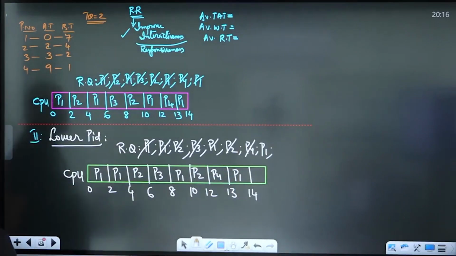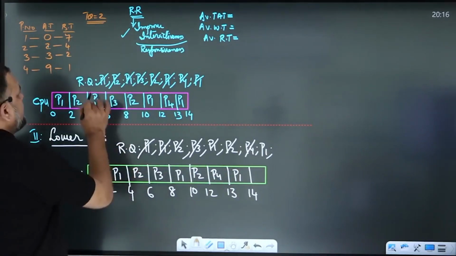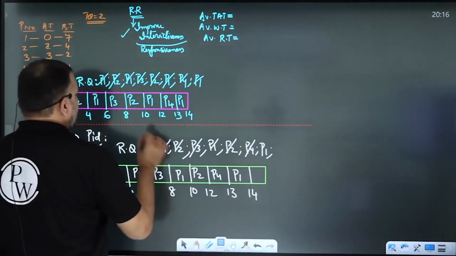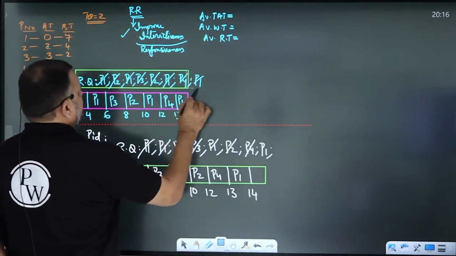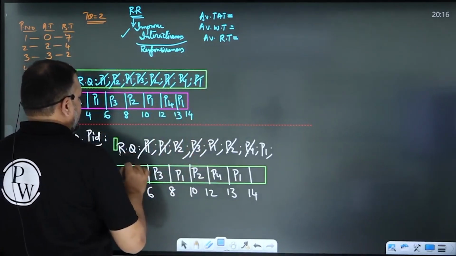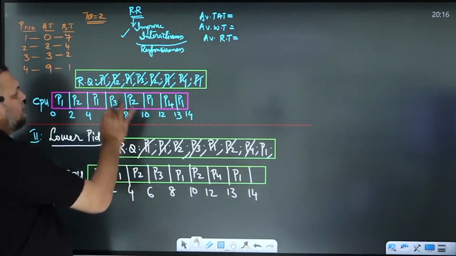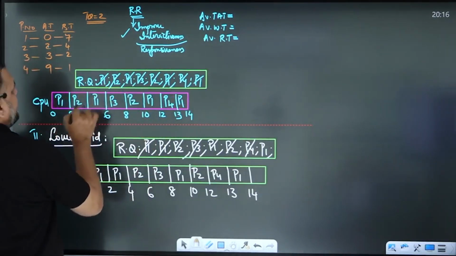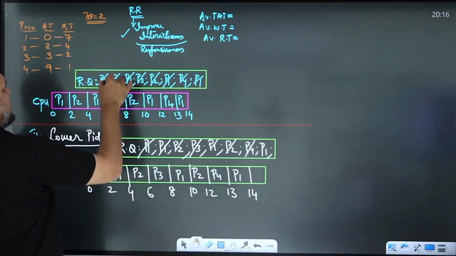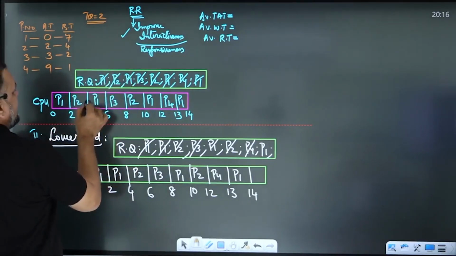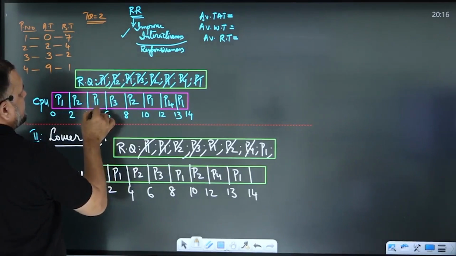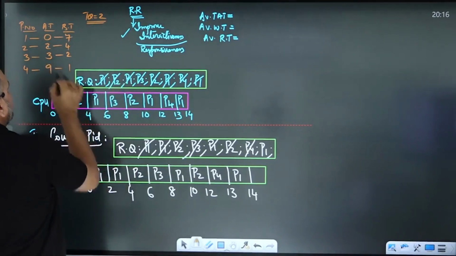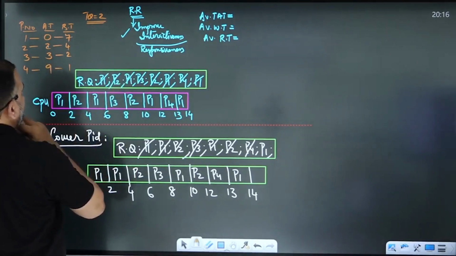This is the chart. This ordering is very important. If you don't maintain this order, you will go wrong. This ordering is very, very important, boys and girls. Based on this order I have scheduled. See here, 0 to 2, at time 2 P2 came, so P2 got added, then P1 got added. Then after P2, P1 runs.